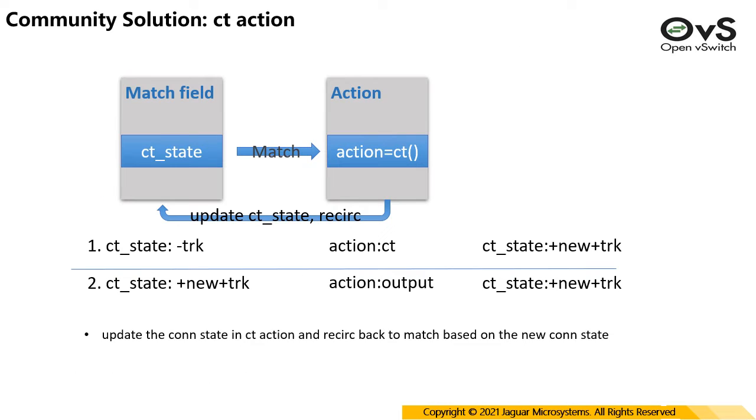For a newly received packet, the CT state will be initialized to the untracked state, and thus it will match the first flow, and the packet will be sent to the connection tracking module while executing the CT action. The CT action forks the pipeline processing in two. The original instance of the packet will continue processing the current action list as an untracked packet.